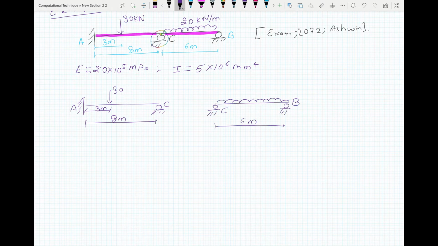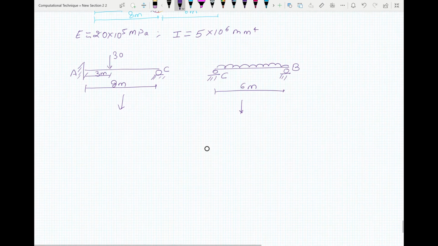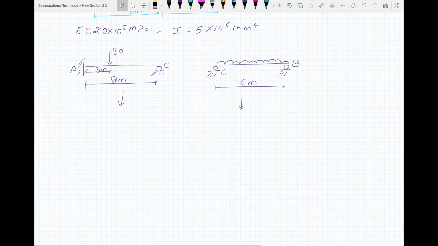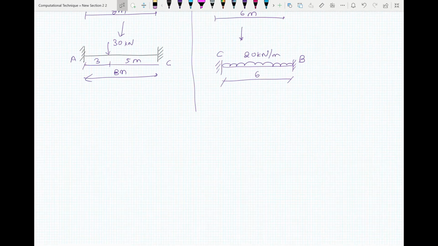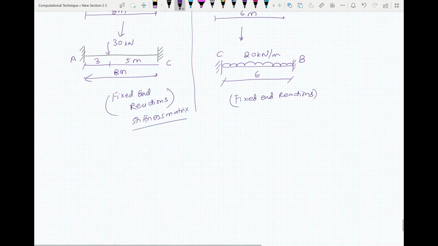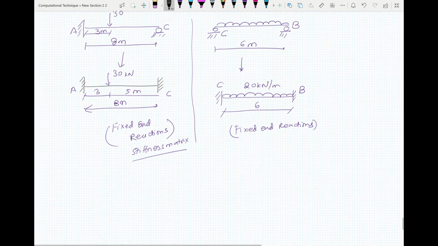Now when doing this, what we have to do is we have to transform these into fixed boundary conditions. So now we have to find our fixed end reactions. We have to form our stiffness matrix for each of these elements.